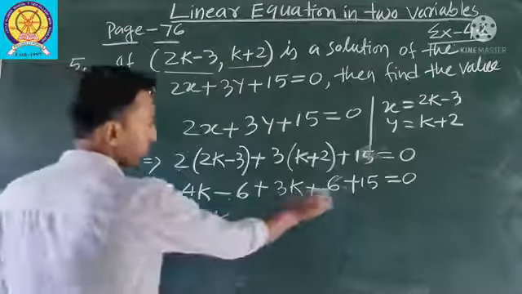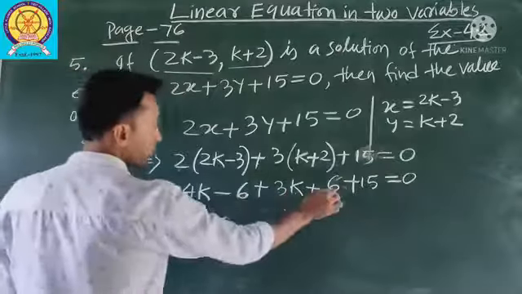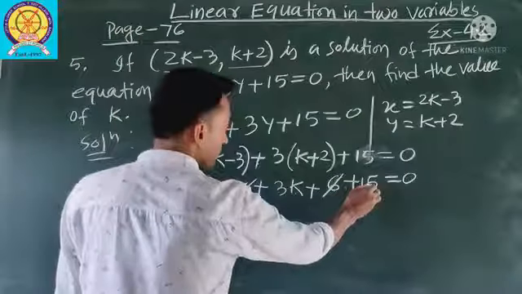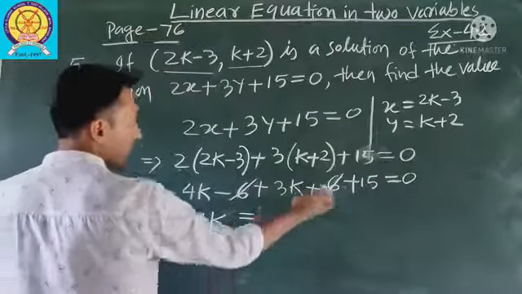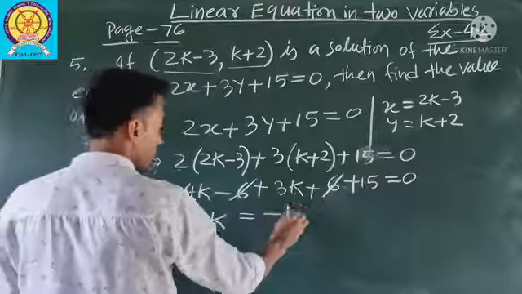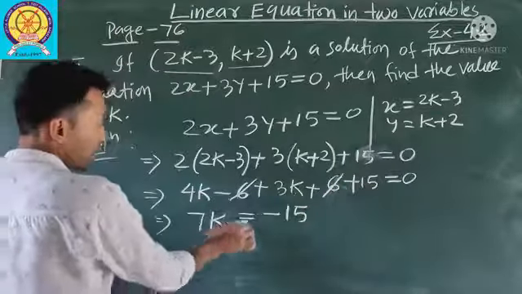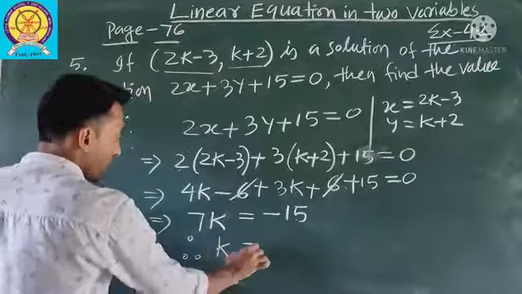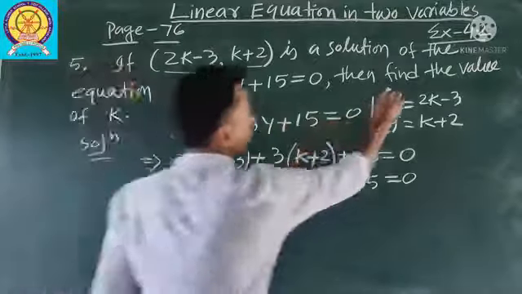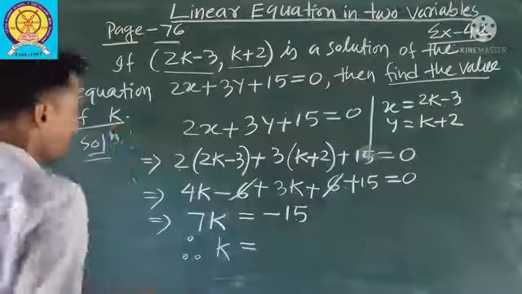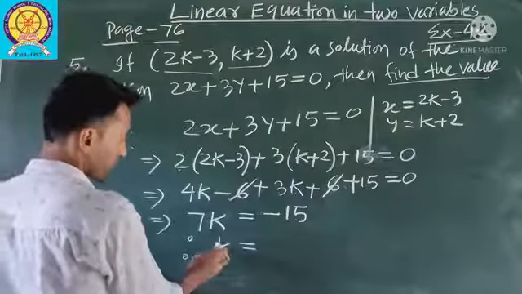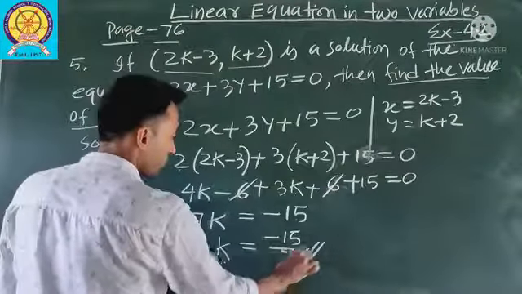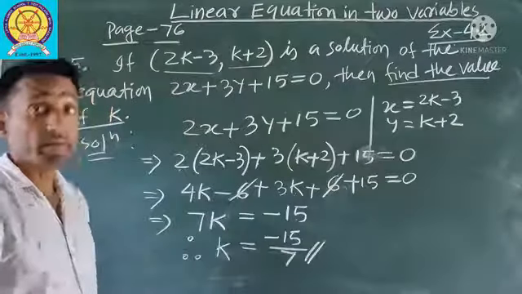Now you see the digits: this one is positive, this one negative, so 6 minus 6 will be 0. This 15 you take to the right side. If you take this 15 to the right side, then it becomes negative. So 7k is minus 15. Therefore, you have to find the value of k, so you keep k on the left side. K is equal to minus 15 by 7. So the value of k is minus 15 by 7. Thank you.